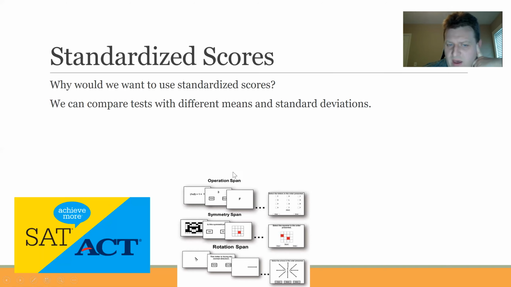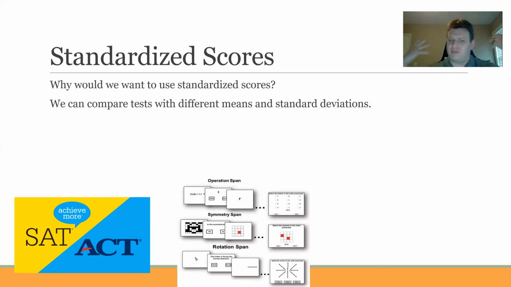Here we have math problems that subjects have to solve, and between each math problem they get a letter. After a number of letters and math problems, a recall screen appears, and they have to select the letters in the same order that they saw them in. That's just one example of this task. We've got a few others, but the total score is different. The variability on each of these tasks is different.